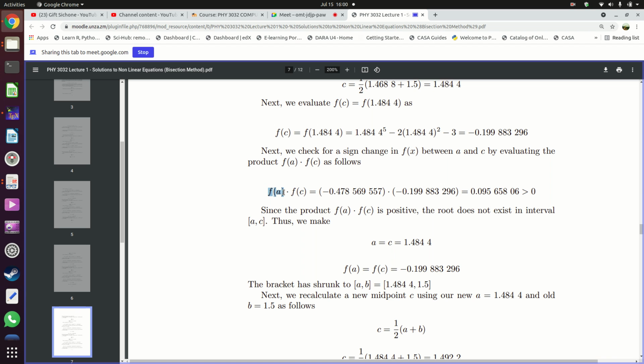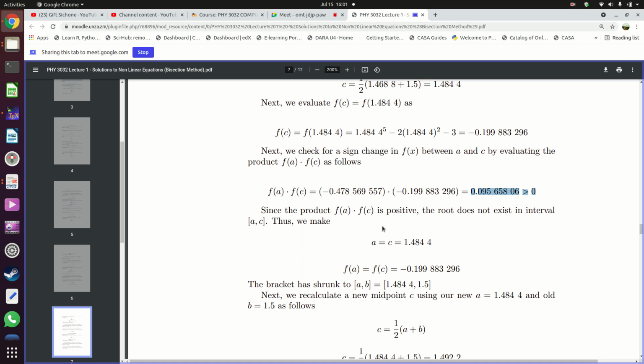Your f of a times f of c is a negative number multiplied by a negative number, which gives a positive number, 0.09565806, greater than 0. This positive product shows that there is no solution between a and c.